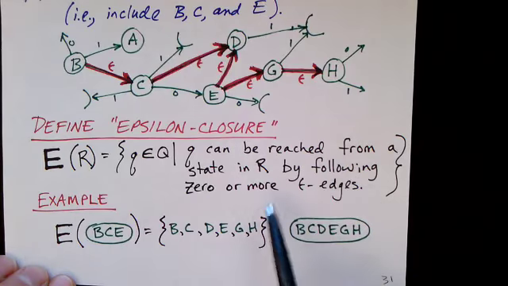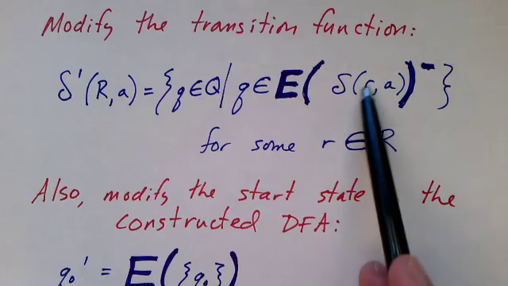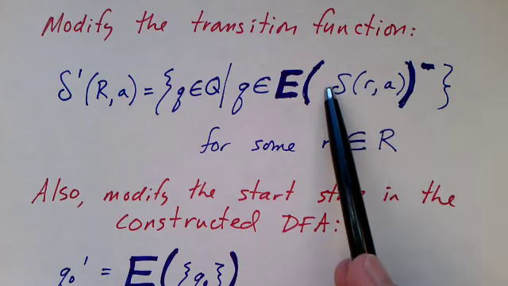Now that we've got the epsilon closure function, we need to incorporate it into our definition of the transition function. And so this is almost the same definition as before, only we've added the epsilon closure. So we're saying that if we're in some set of states, big R, then we ask from all those states, where could we get to?